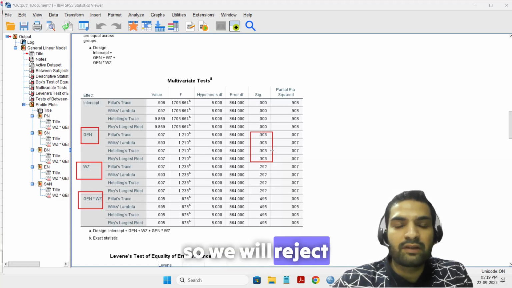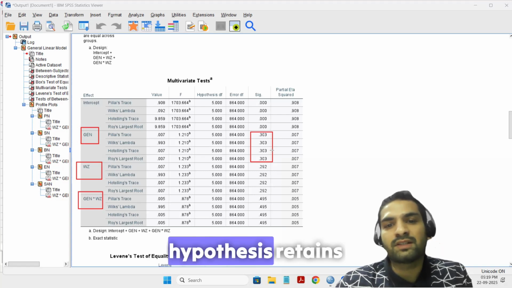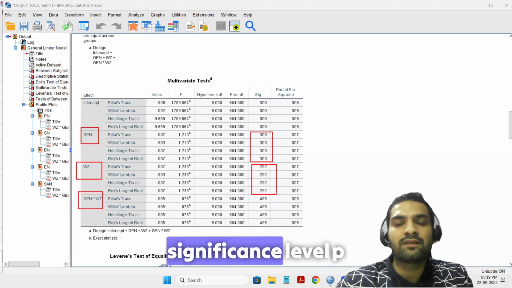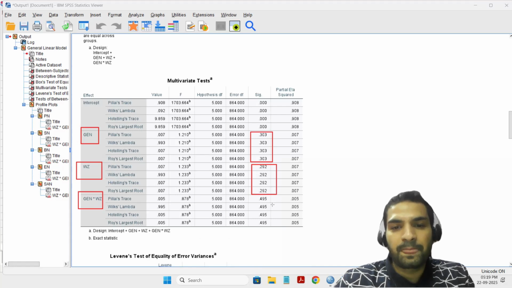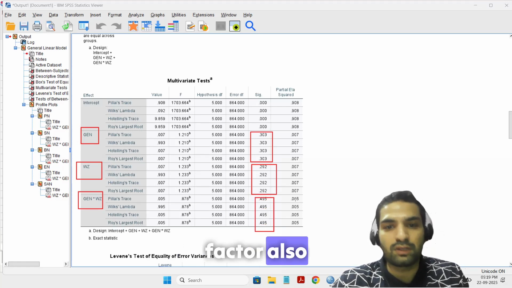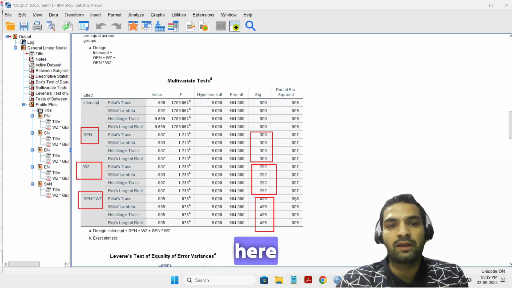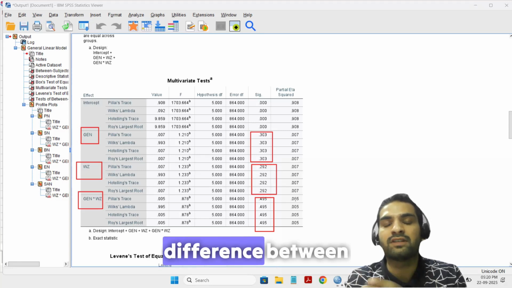So we retain the null hypothesis that there is no significant difference. Similarly, for work location, the significance level p is significantly higher than the significance levels, and similarly for the interaction factor also. So we are not getting any significant values here. So we reject that there is any kind of significant mean difference between the groups.